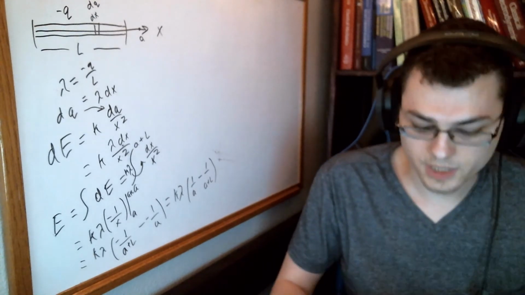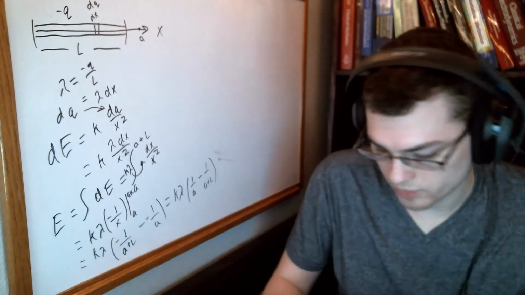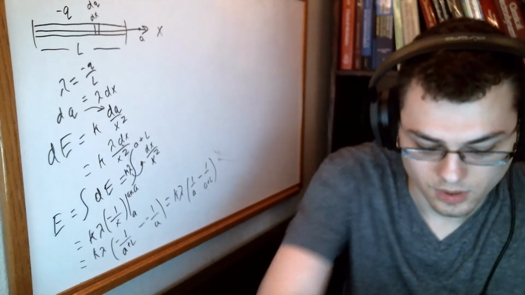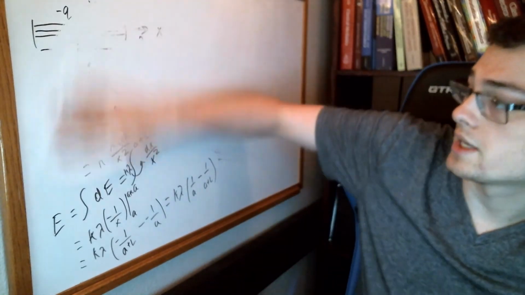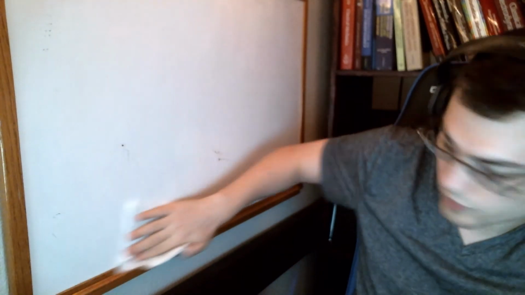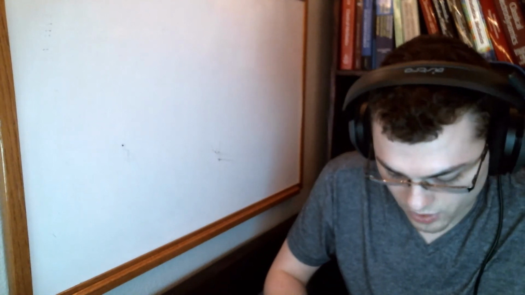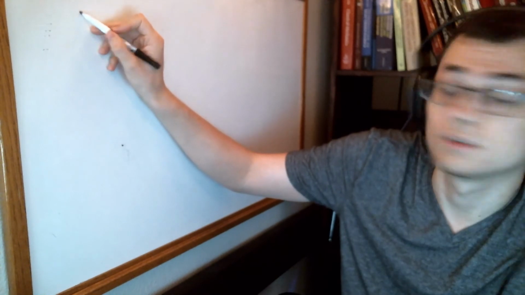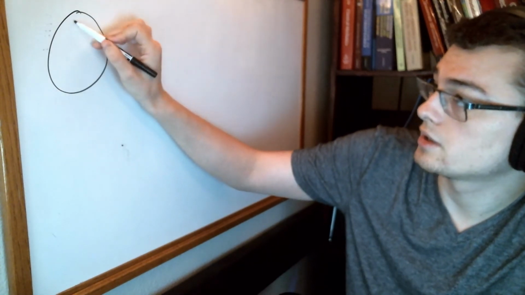Okay, so last example for the day before we move on. Or last topic, we're going to be talking about the field of a charged ring here. And so let me just draw this out. So we have a ring here, right?